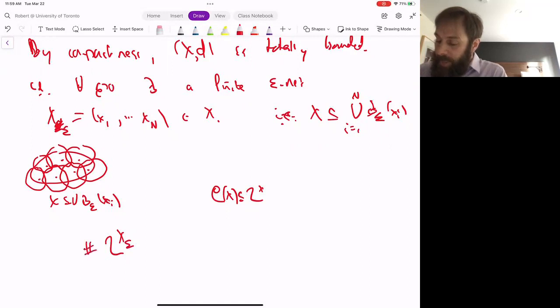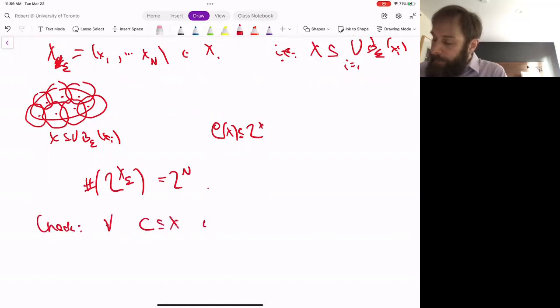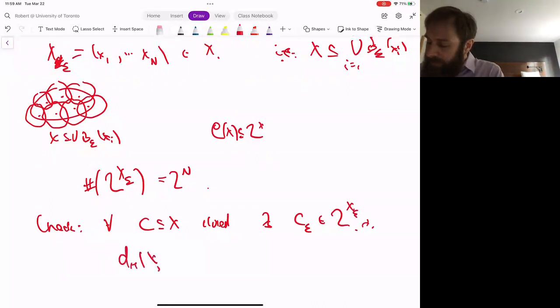And of course, the number of guys in here is basically 2 to the n, so it's still finite. And what you need to check is that for every closed set in X, there exists a subset such that the Hausdorff distance of X to this subset... No, sorry.